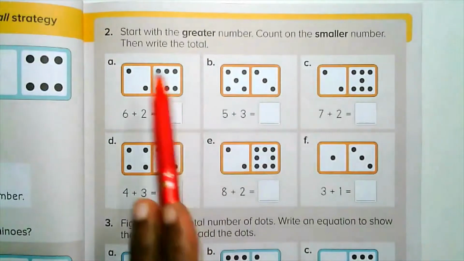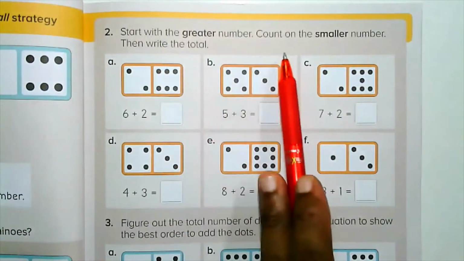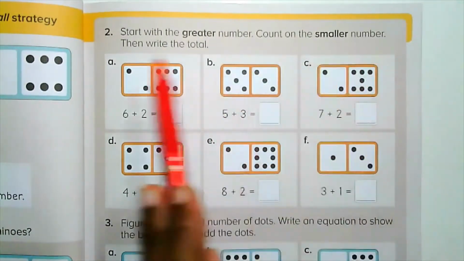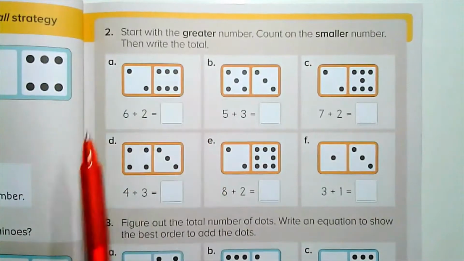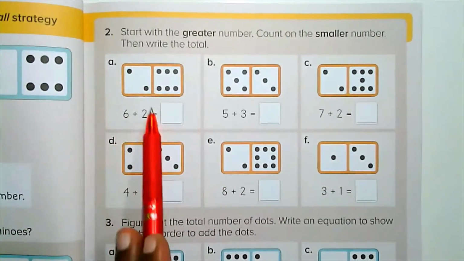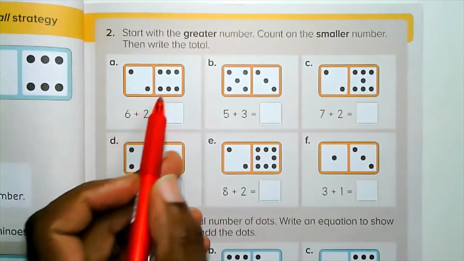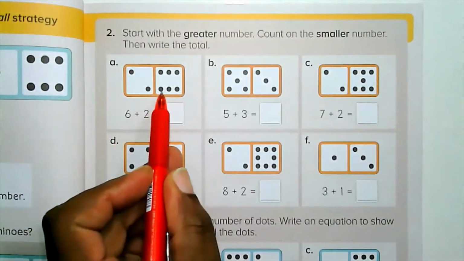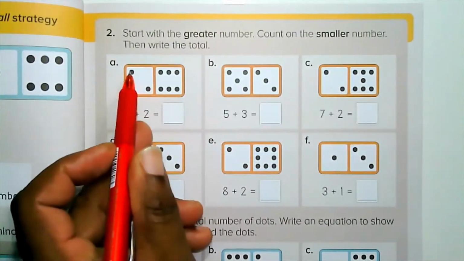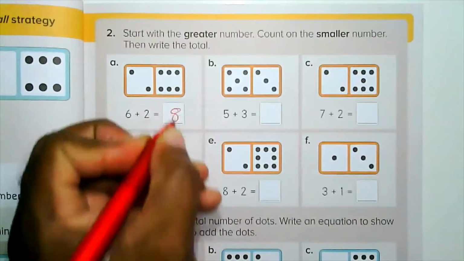Number 2, start with the greatest number, count on the smaller number, then write the total. Part A, we have 2 and 6. So 6, we start from the greater number 6 and count on 7, 8. We have 8 here.